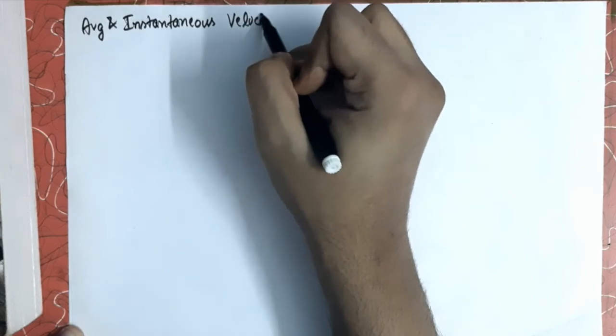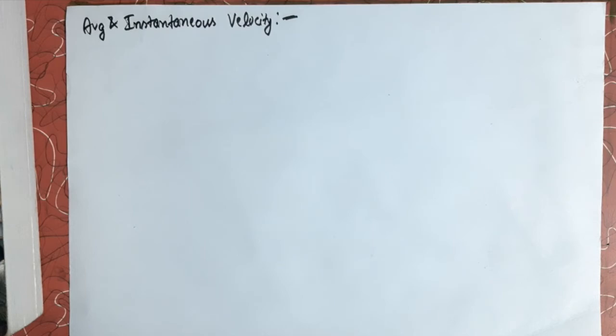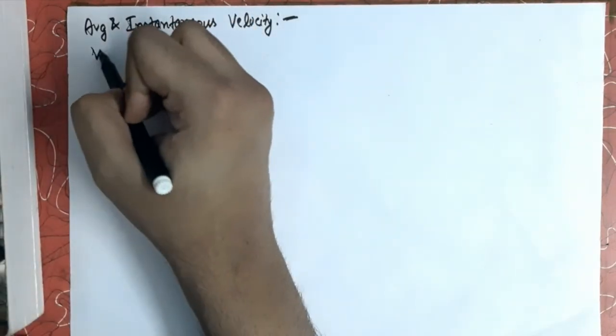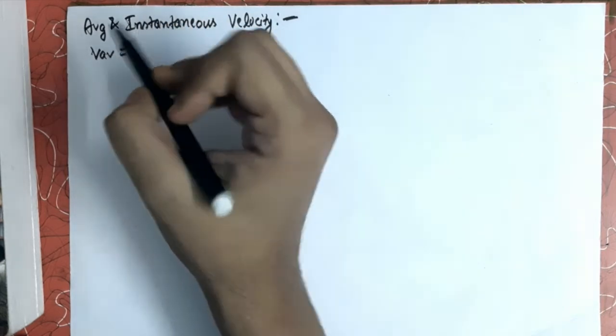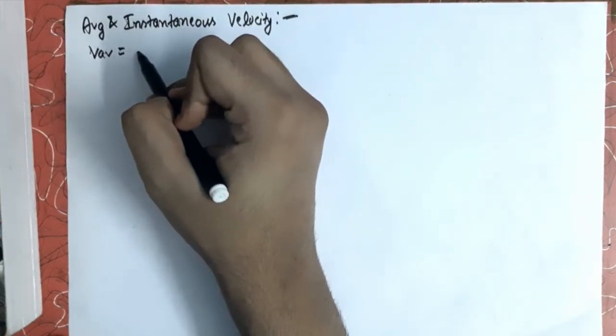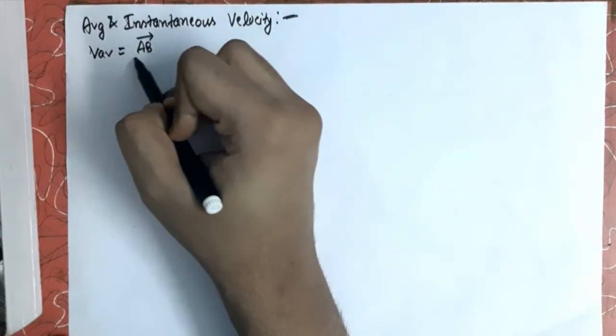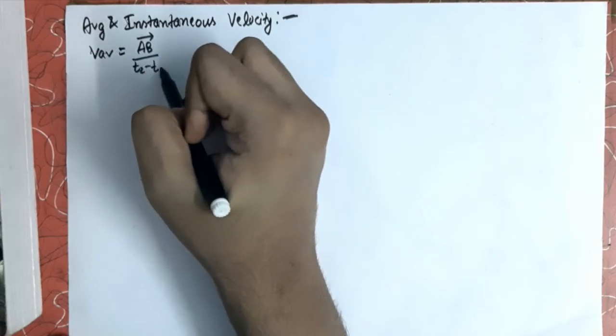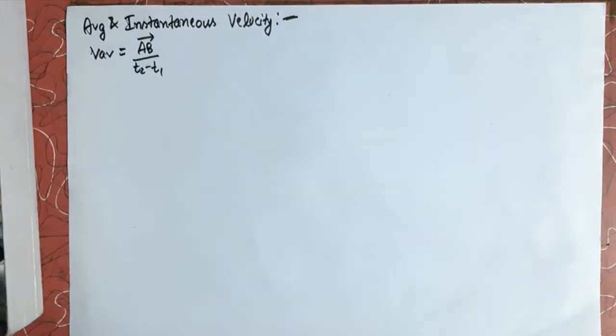This is the same as average and instantaneous speeds. Nothing but v average is equal to displacement by change in time. The distance in this case is replaced by displacement. So average velocity is what? This is a vector quantity.